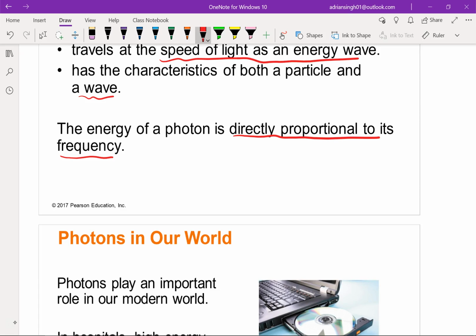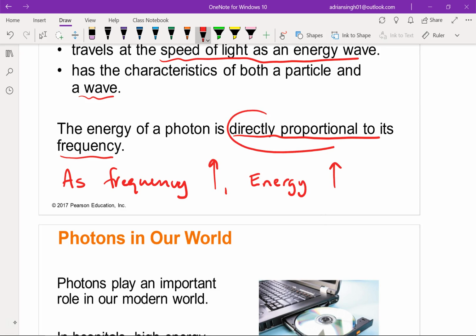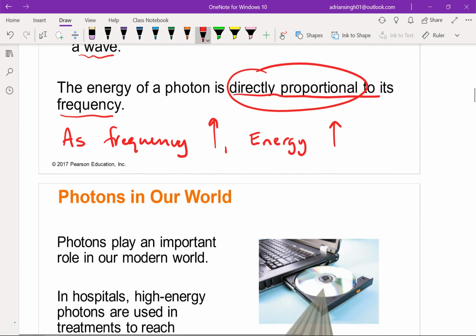We can also say now, about this relationship between the energy and the frequency, that as the frequency of EM radiation increases, the energy increases as well. Okay, and that's what directly proportional means. We can also say as the frequency decreases, the energy decreases as well.